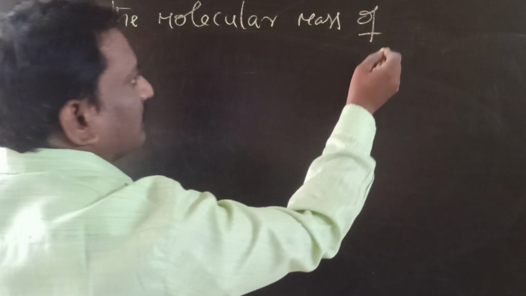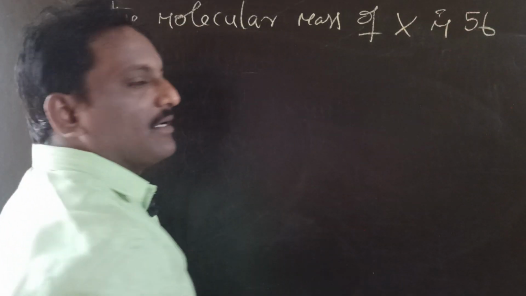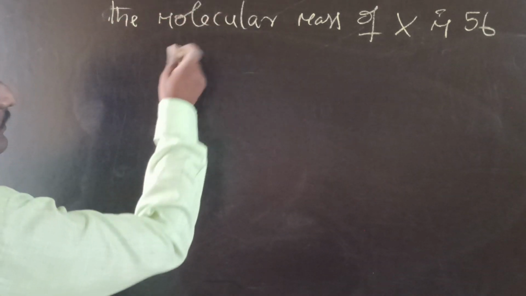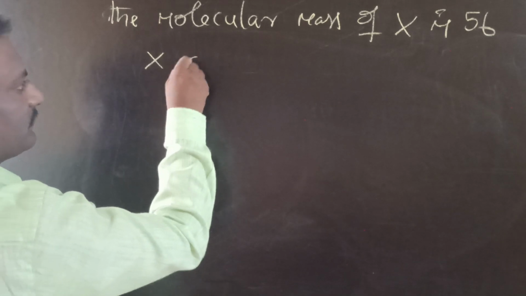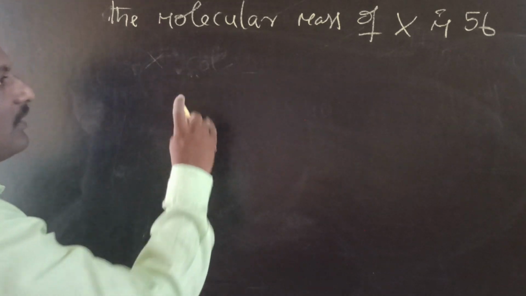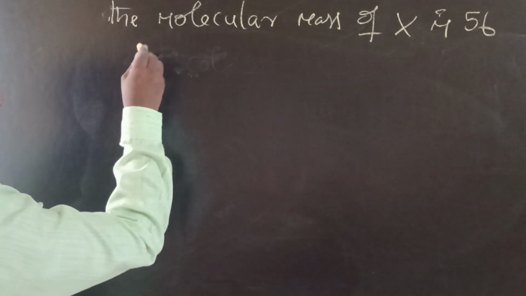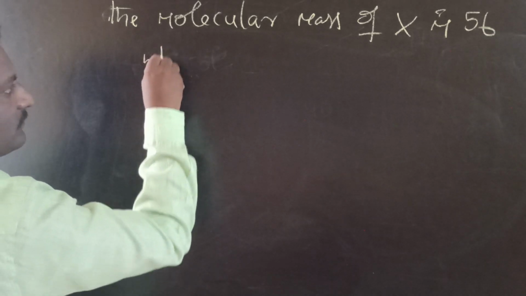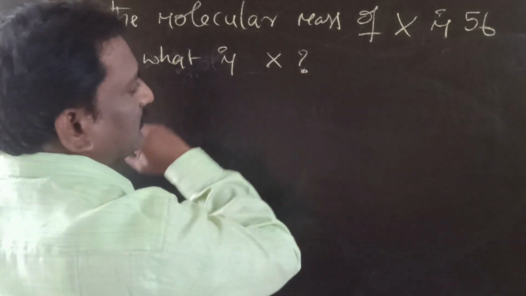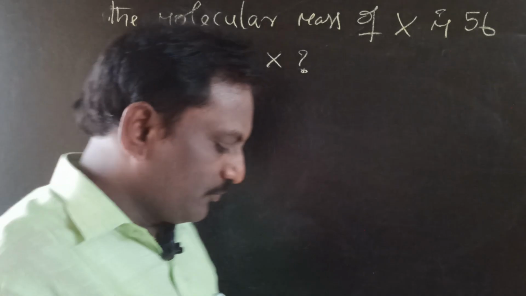The molecular mass of X is 56. Then X could be... So what is X? Or find X in the given compounds. What is X? Or pick out X from the given compounds.